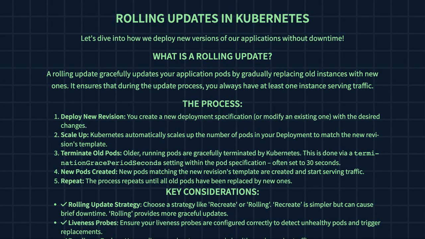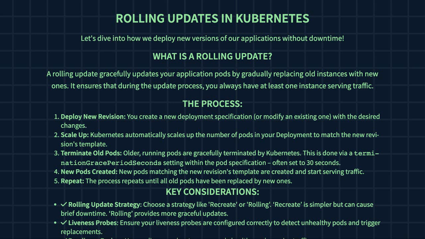Okay, let's talk about rolling updates, a really important concept for deploying changes to your Kubernetes applications without interrupting your users. Basically, it's like gradually swapping out older versions of your application with newer ones. Think of it as a slow and steady replacement, ensuring that you always have at least one version available to handle traffic.